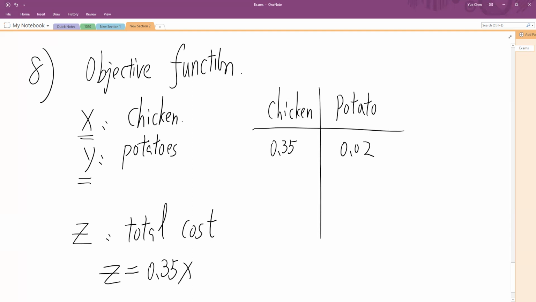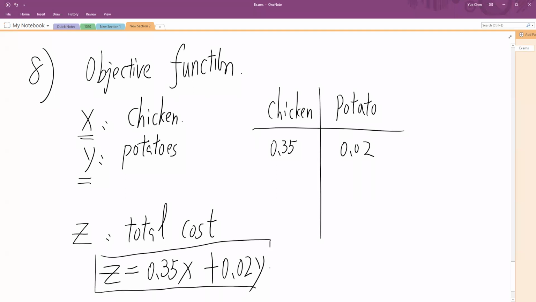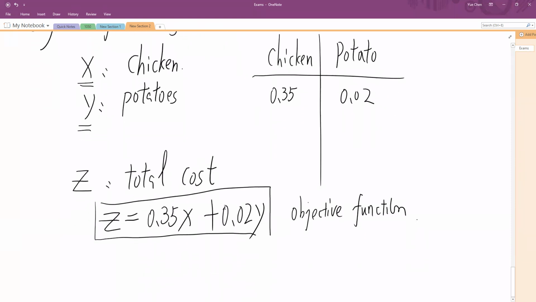This is the total cost for the chicken. And plus, for the potatoes, y times 0.02, so 0.02y. Right? So this is your objective function. So this is for this problem.